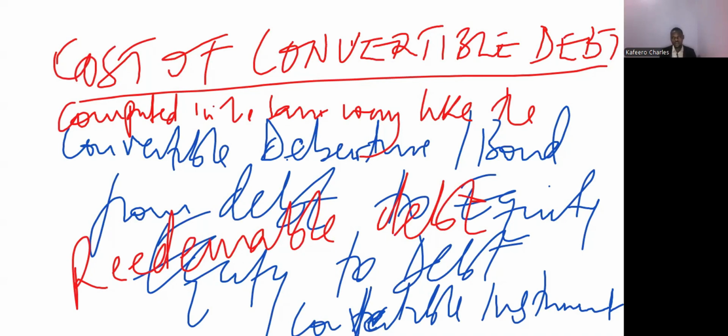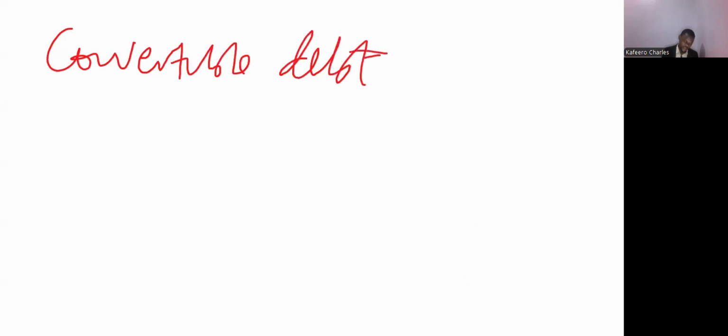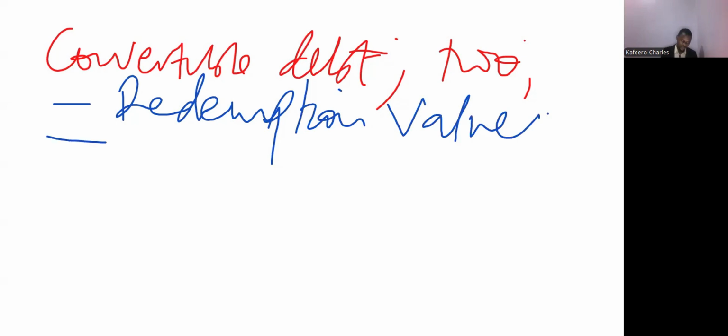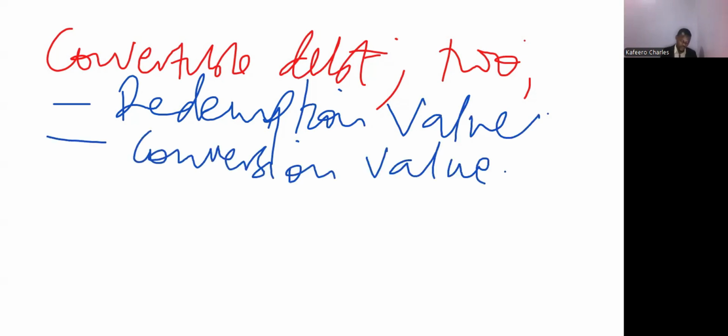However, one key thing that differentiates this is that a convertible debt has two issues that you should know. One, it has a redemption value, and at the same time it has what we call a conversion value. It's these two items that distinguish a normal debenture from a convertible debenture.